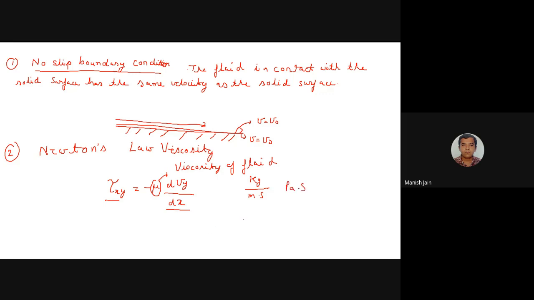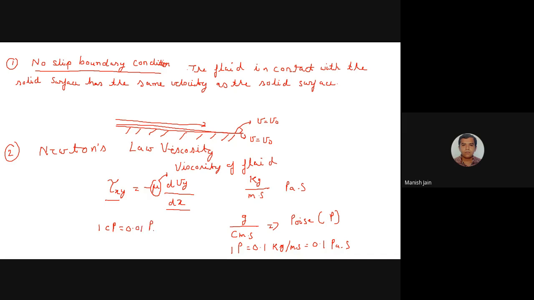The CGS unit is gram per centimeter second, which is also known as poise, represented by capital P. 1 poise equals 0.1 kg per meter second, or 0.1 Pascal second. Sometimes you also have the unit centipoise, and 1 centipoise equals 0.01 poise.